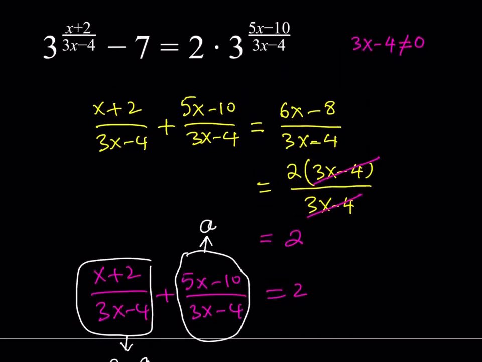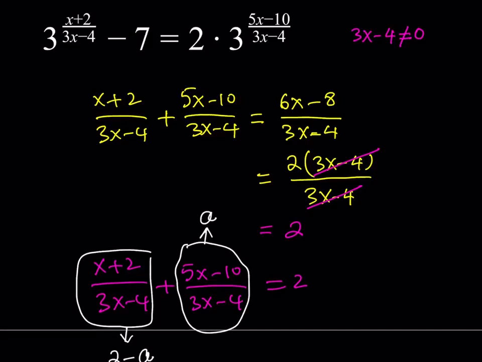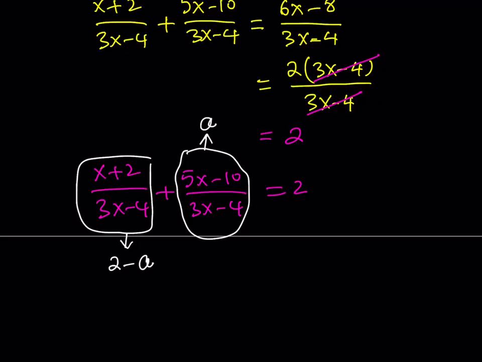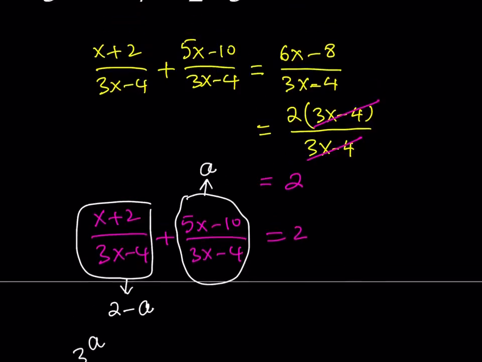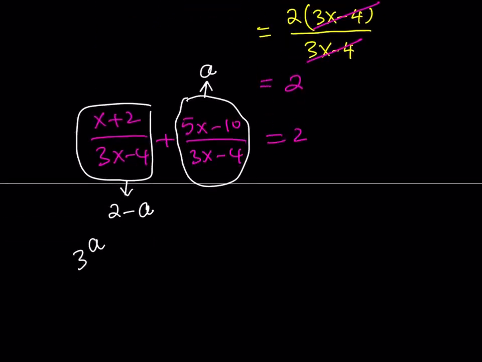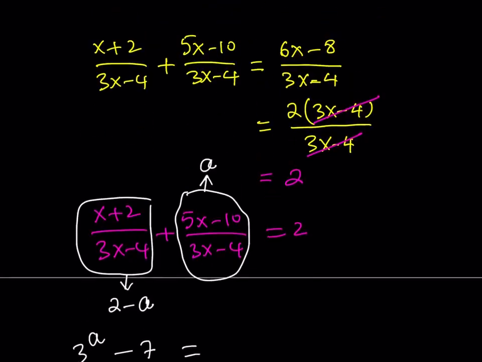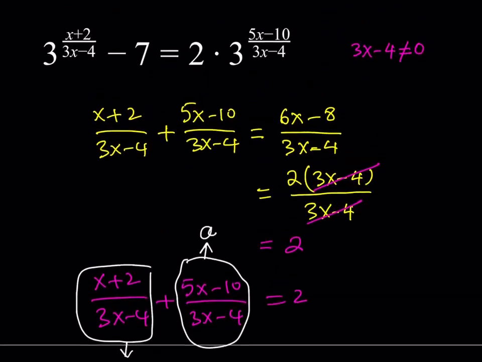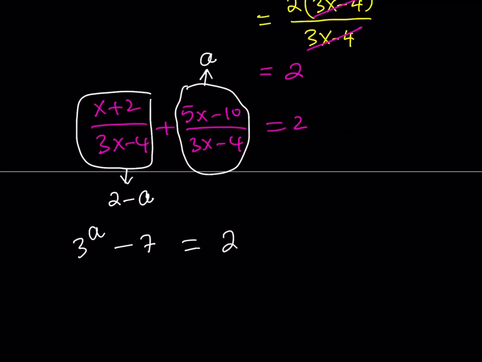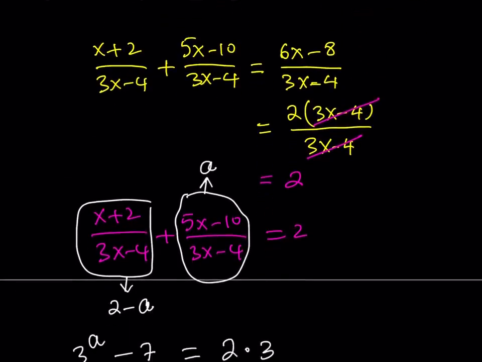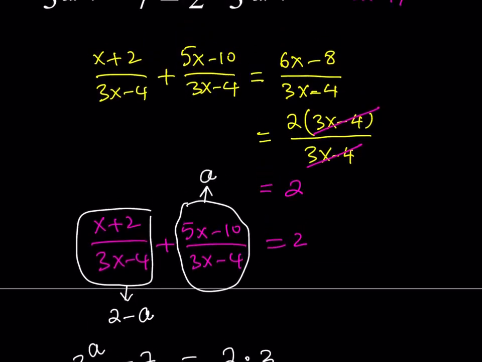So what I have is 3 to the power a. So I'm going to start off with that. We have 3 to the power a, and then minus 7, and that is equal to 2 times 3 to the power the other expression. So I started off with this, right? Actually, nope, that's not right. I messed up.